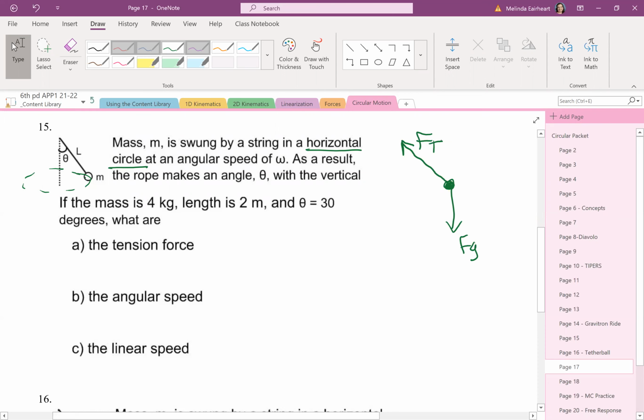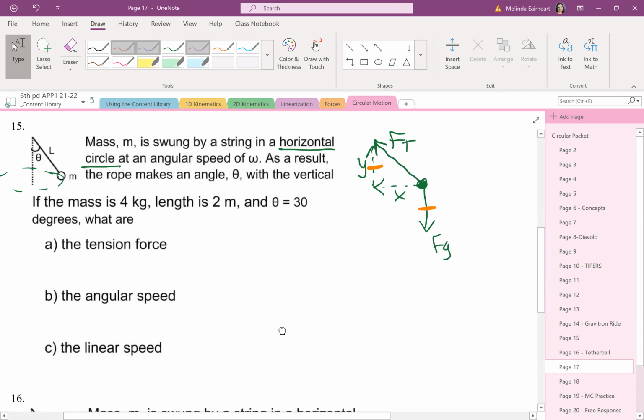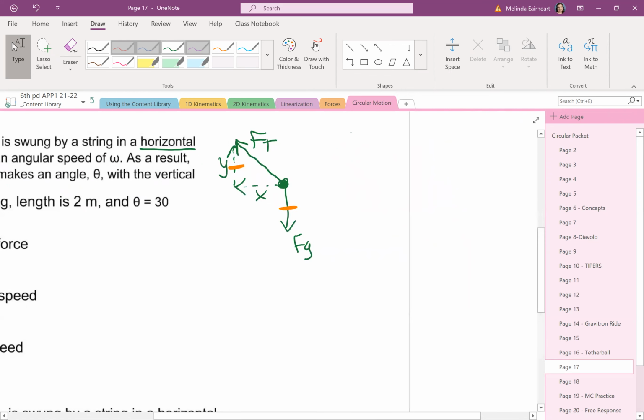Well, we just said the vertical component of tension equals the weight. And so again, AP doesn't want it on official diagrams, but the Y component is going to be balancing gravity. And so we can actually write our first statement, and we can say F_G equals F_TY.